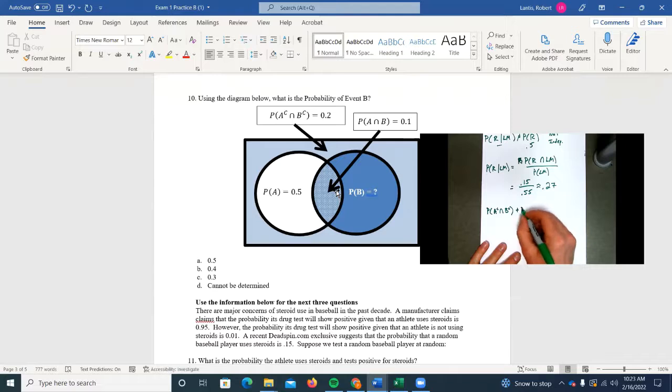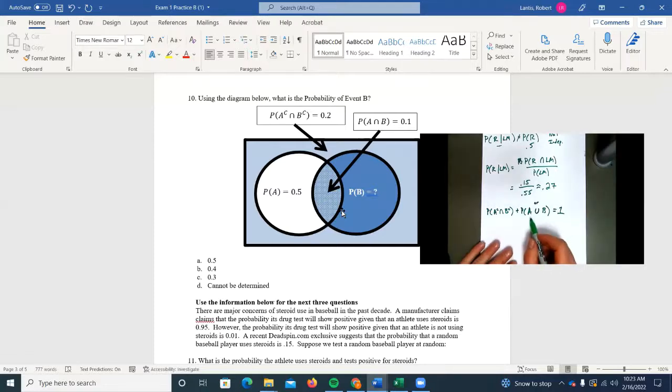I could be in A, or I could be in B. That union was our "or." I'm either in circle A or I'm in circle B. So those two areas have to add up to 1. Those fill out my entire experimental outcome space.